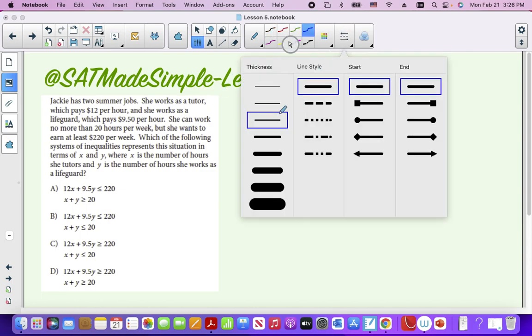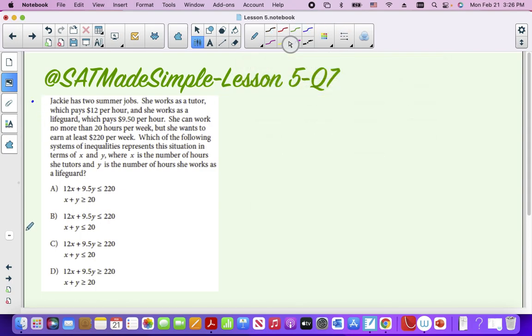This question is about linear programming or inequalities, so I need to establish two inequalities. It says Jackie has 2 jobs. She works as a tutor, which pays $12 per hour, and she works as a lifeguard, which pays $9.50 per hour. She can work no more than 20 hours.